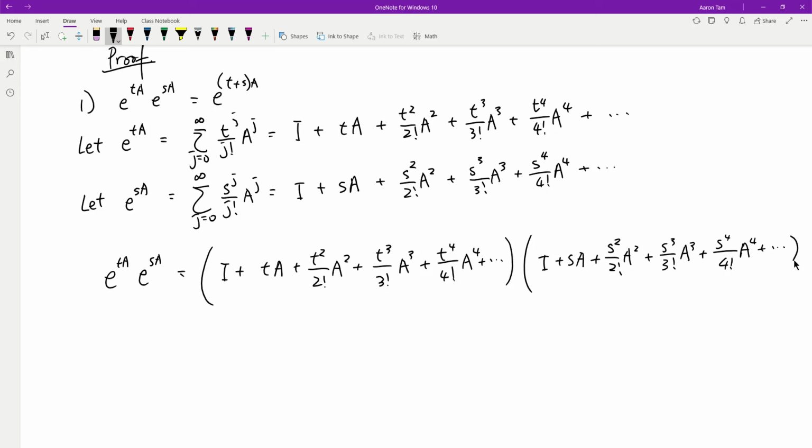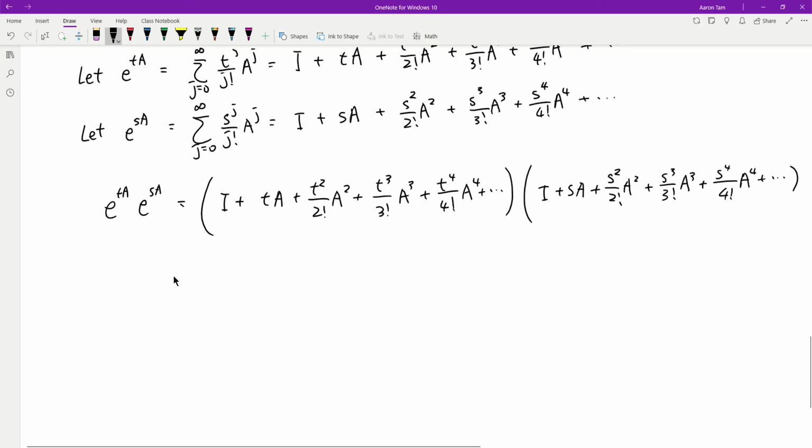So clearly, it's not going to be easy to multiply two infinite sums together into one thing.